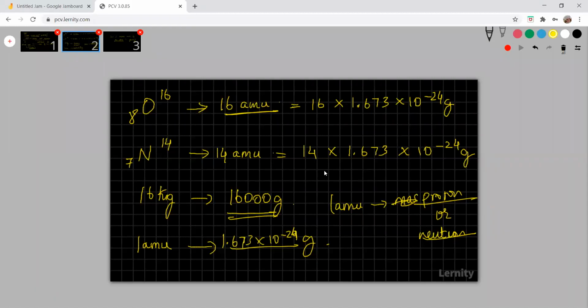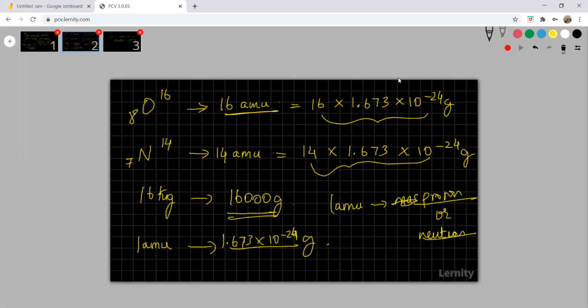This is the mass of one nitrogen atom in grams. Just see how small it is. 1 gram itself is very small, and you are going to divide 1 gram by 10 power 24. Only then you get this, right? So it is very, very small. Atom size is very negligible and its mass is also very negligible. So it is difficult for us to measure the mass of an atom.